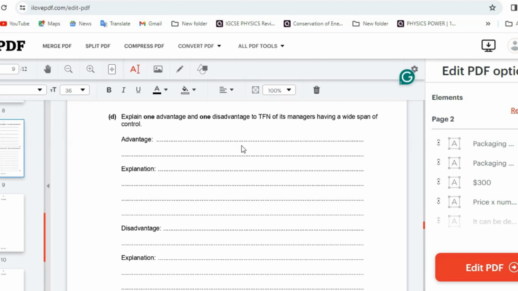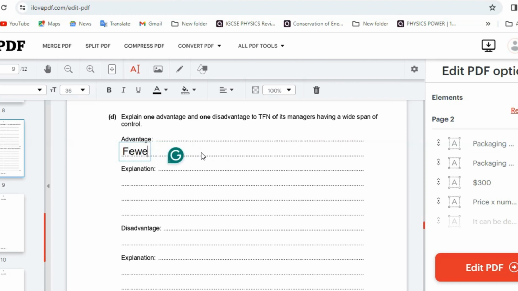We have to explain one advantage and one disadvantage. What's the first advantage that you will remember of the business having a wide span of control? Of course, fewer supervisors or managers will be needed.